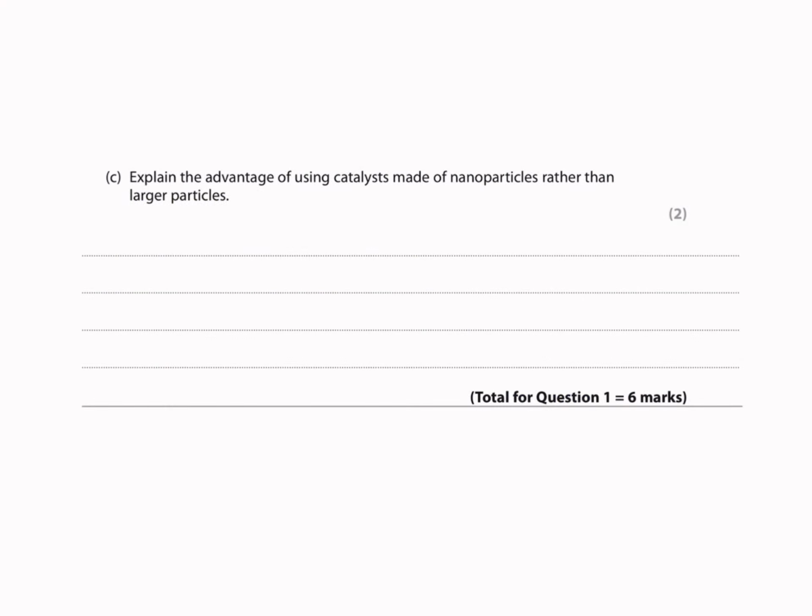The last part of this question is explain the advantage of using catalysts made from nanoparticles rather than larger particles. So I would choose to highlight explain, catalyst, and then the whole bit of nanoparticles rather than larger particles, because I know I'm going to need to compare.